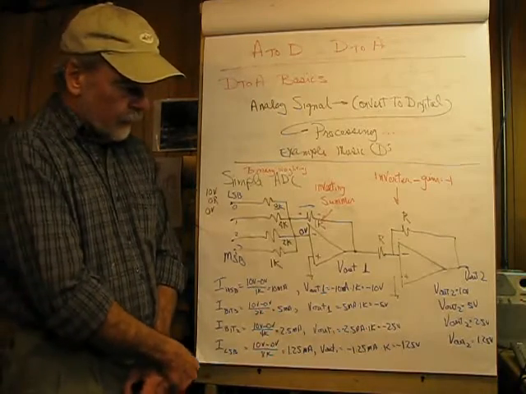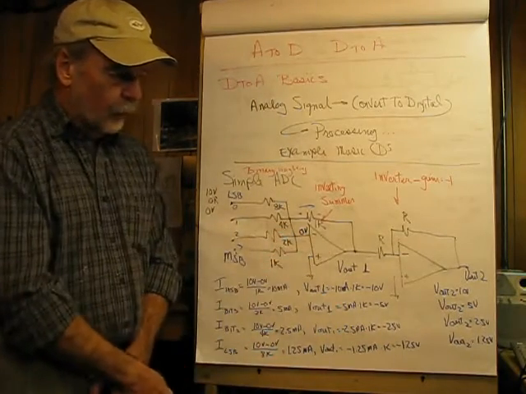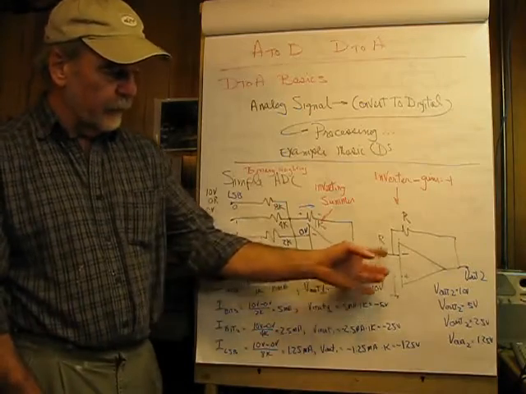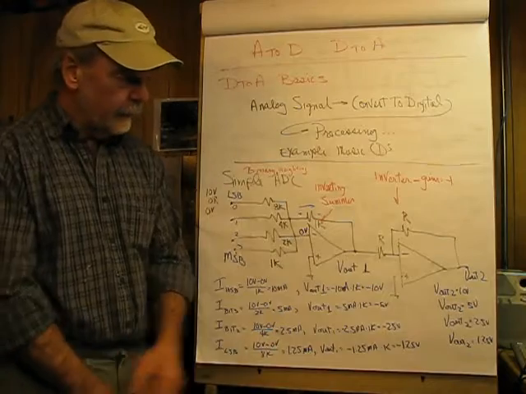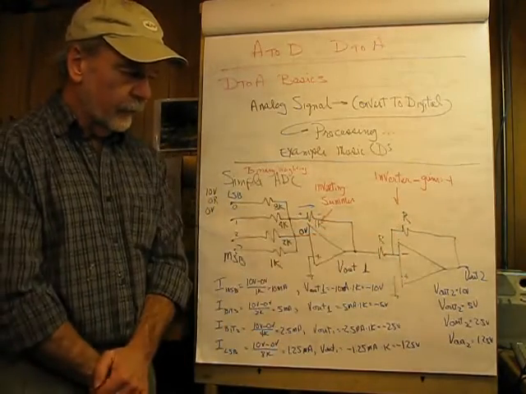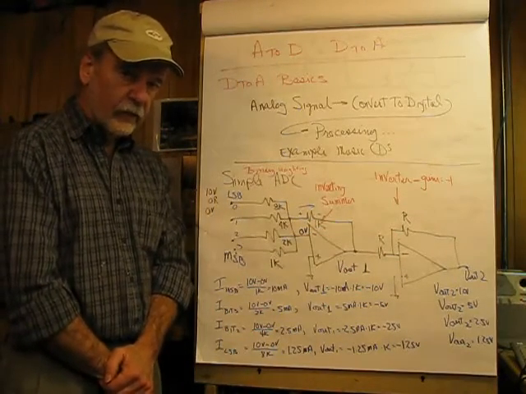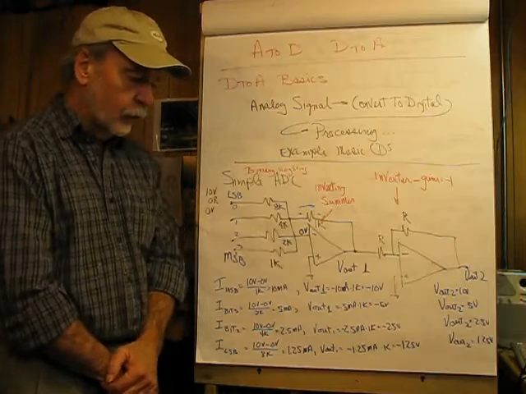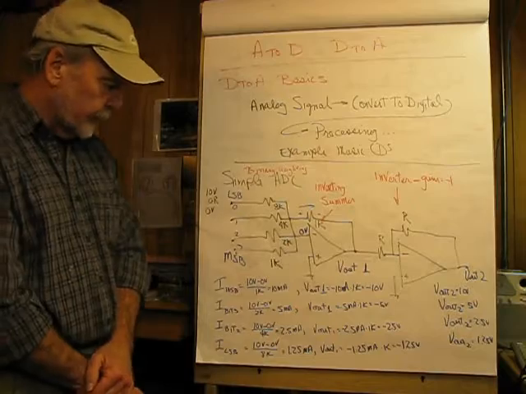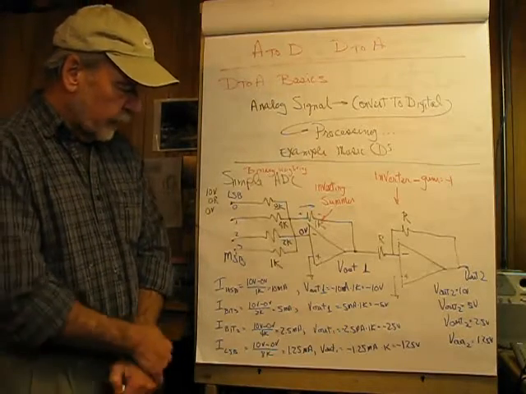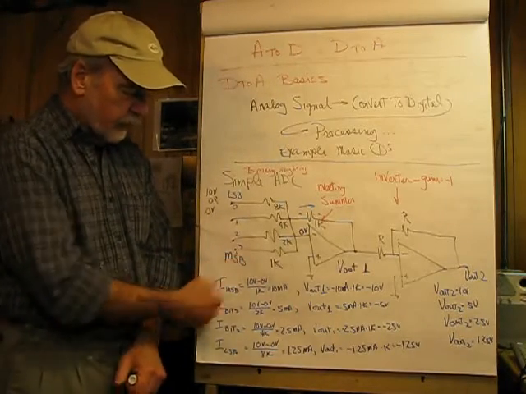Since this is an inverting summer, what I've concatenated to it is an inverting buffer with unity gain, negative R divided by R, so our output is going to be positive going instead of negative going, which might produce some confusion. To begin, we're going to assign bits, and we have a most significant bit.